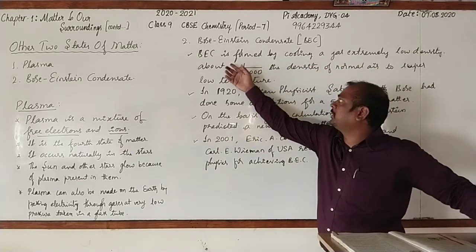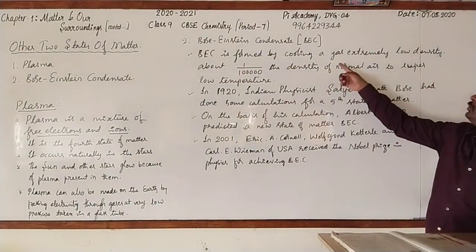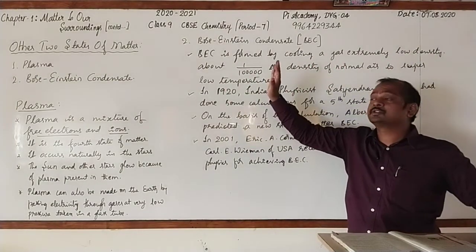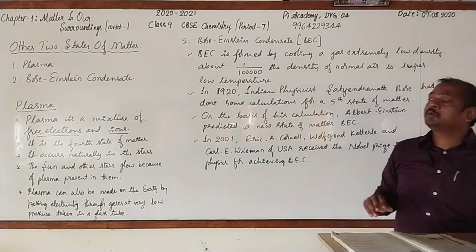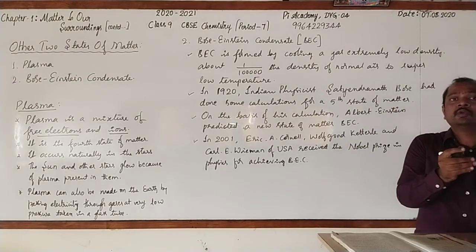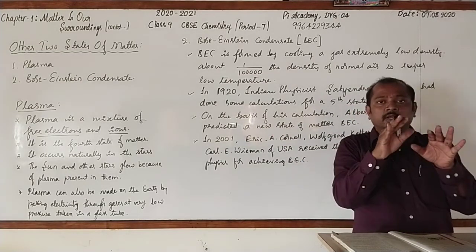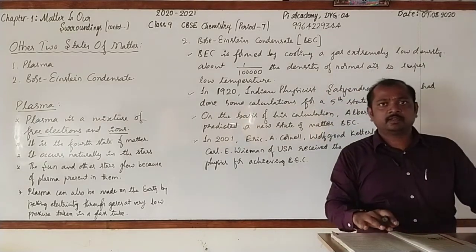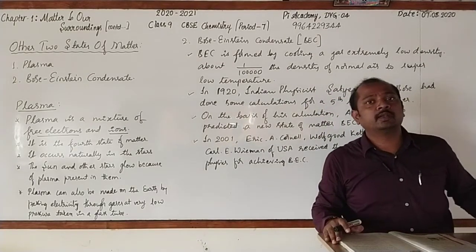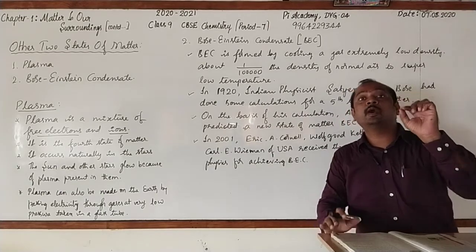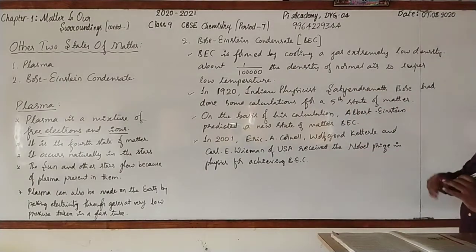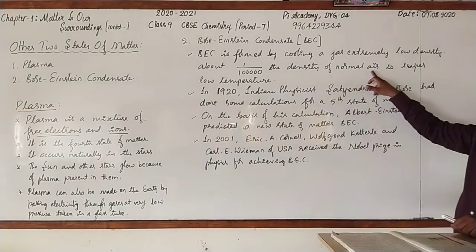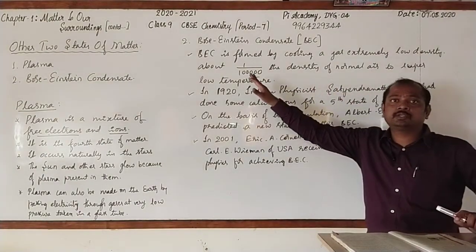This state of matter is formed by cooling a gas of extremely low density. How much? It is 1 by 1 lakh. That means the density of normal air should be divided by 1 lakh, so that much low density, about 1 by 1 lakh the density of the normal air, cooled to super low temperature.